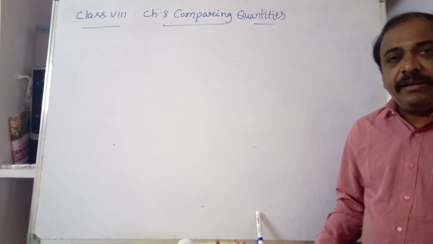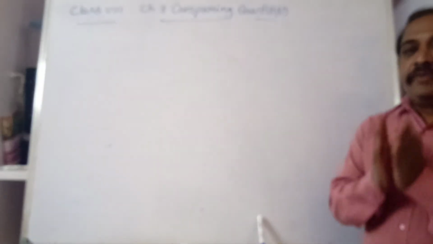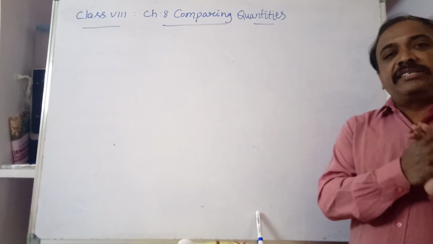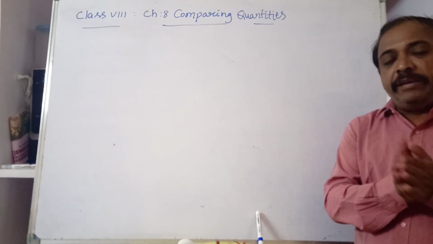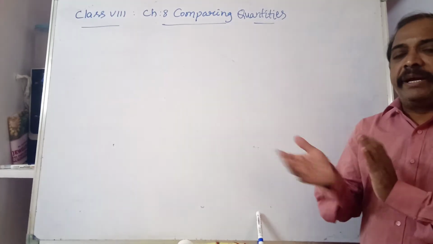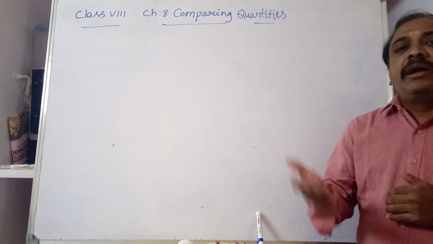We get the salary, then we can fix some amount for household expenditure and for the kids' study purpose. Like this, the parents segregate and plan according to their earnings.